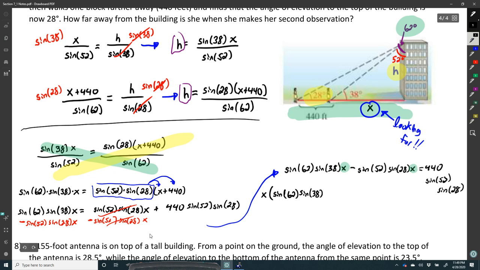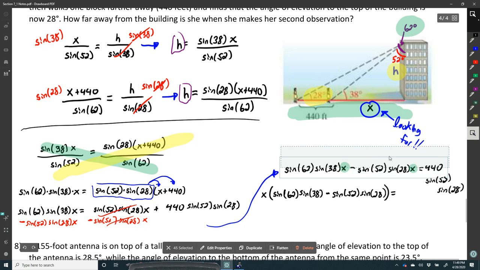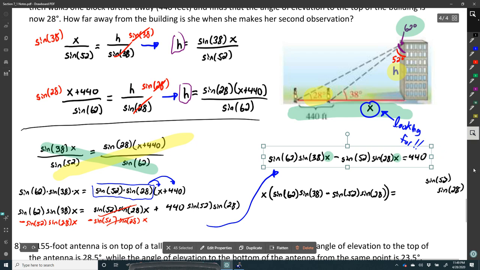Math is fun. Let me make this go a little higher to the side.